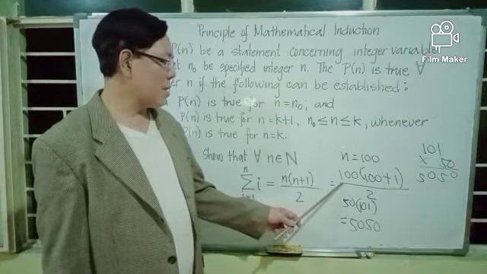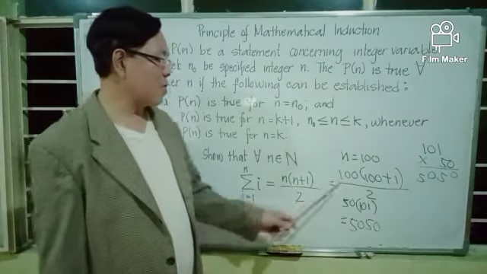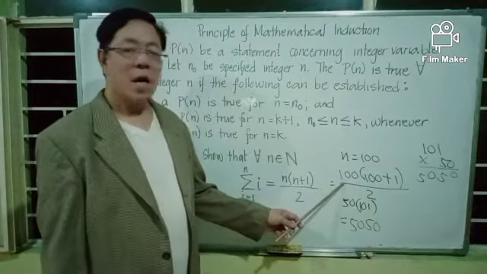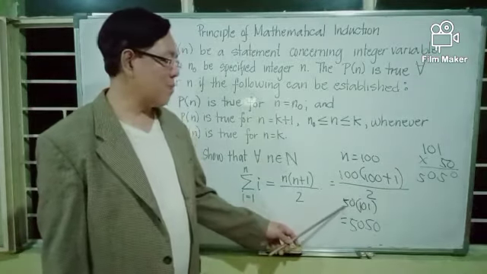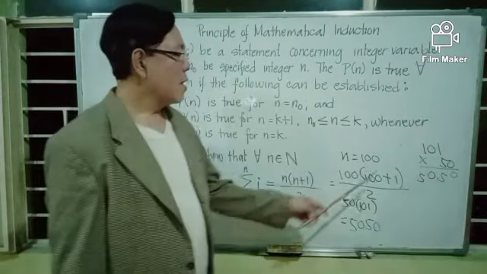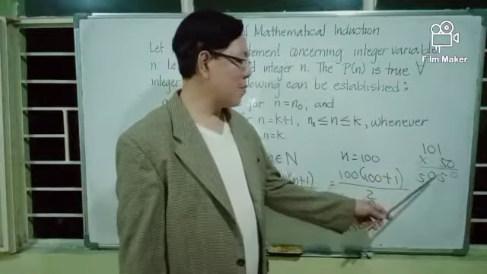Where n is 100, multiplied by n plus 1, and we divide the product by 2. I divided 100 by 2, we have 50, multiplied by 100 plus 1 is 101. And I multiplied 101 by 50.